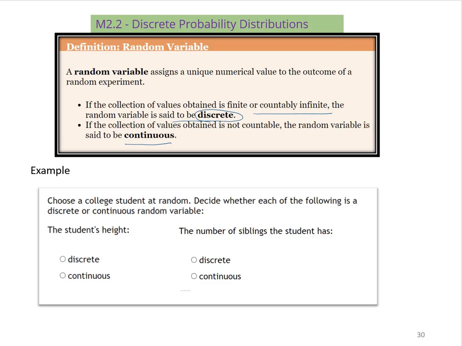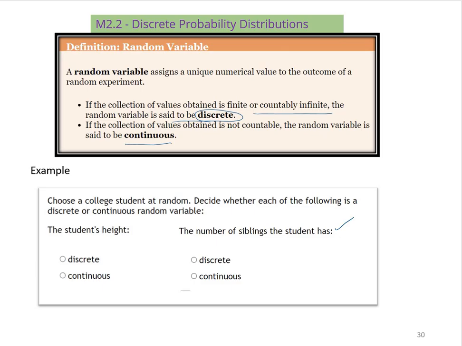So the student's height, we know the student's height can vary from a particular range to 6.3 or 6.4 or something like that. And if you take the second case, the number of siblings, you know, the number of siblings is a particular number. So 2 siblings, 3 siblings, we will never say 2.5 siblings or like that.